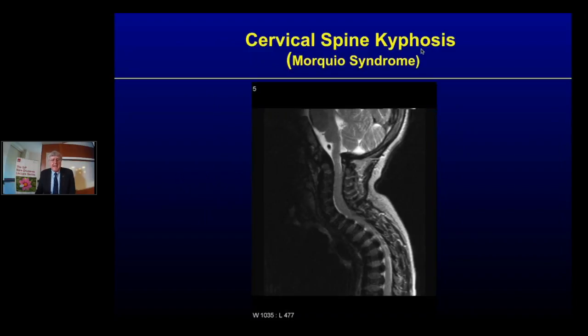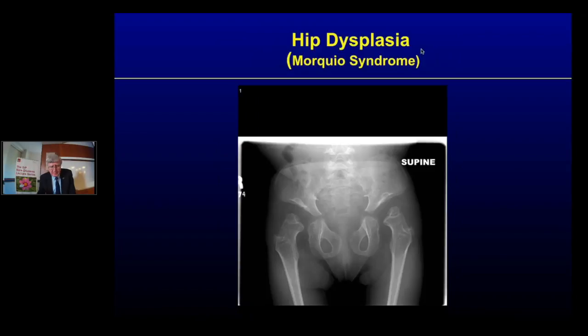Spine disease is not uncommon. Here's an example of a Morquio patient with kyphosis showing significant curvature. Here's another example of hip dysplasia, with very abnormal femoral heads and acetabula causing significant impairment. That's why a lot of the Morquio patients can end up in wheelchairs, because they have such terrible hip disease.